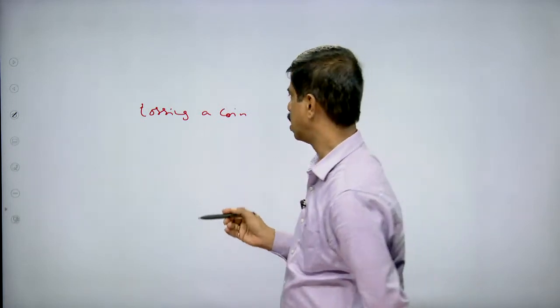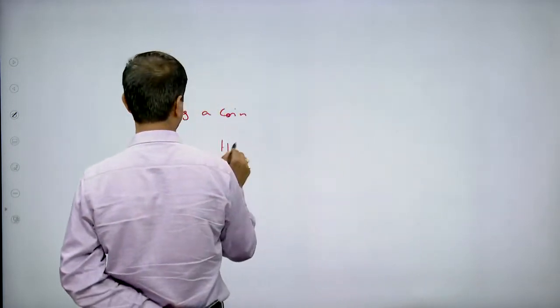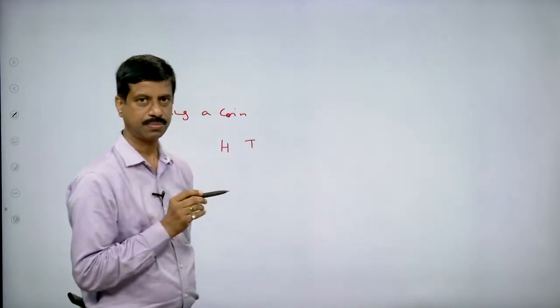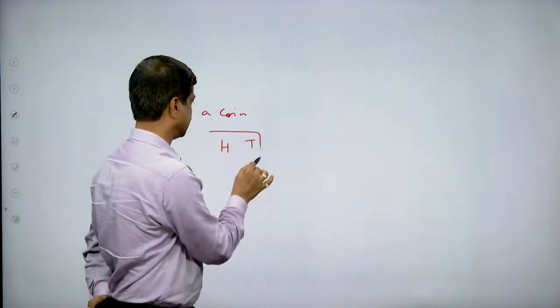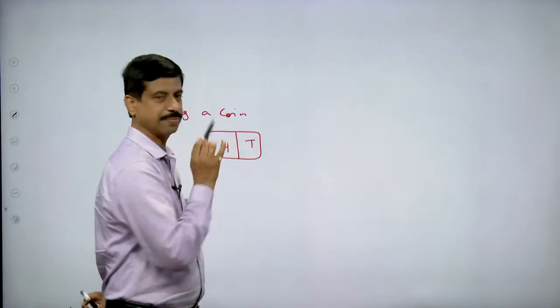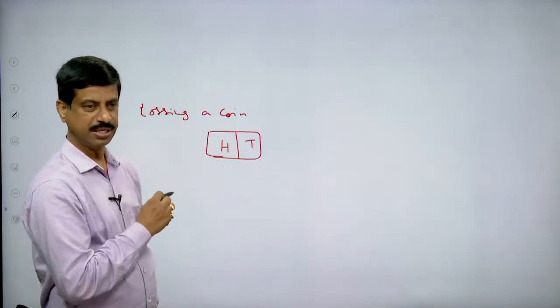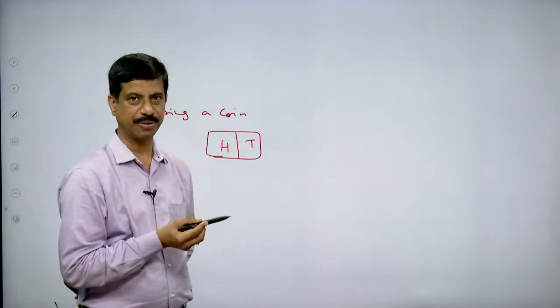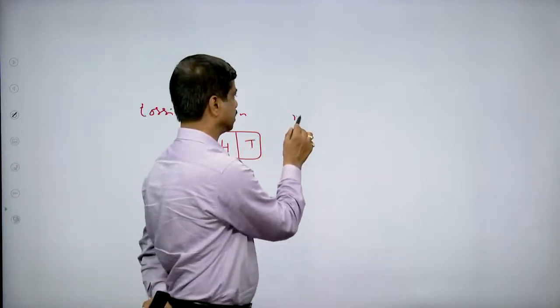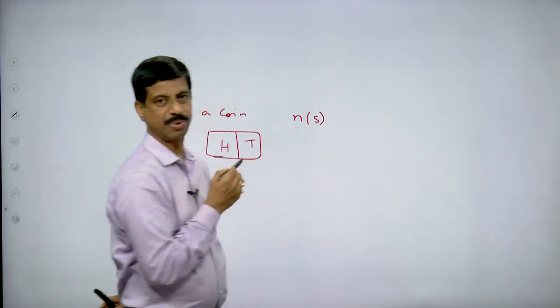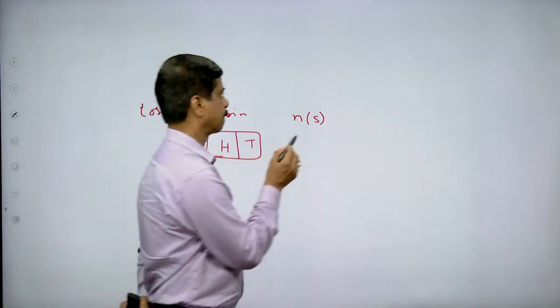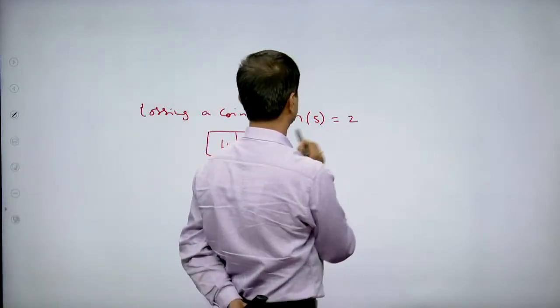When you toss a coin, what can happen? You can get a head or you can get a tail. So in this sample space, there are two events that can happen. So the number of things that can happen in the sample space is n of s, that is equal to 2 in this case.